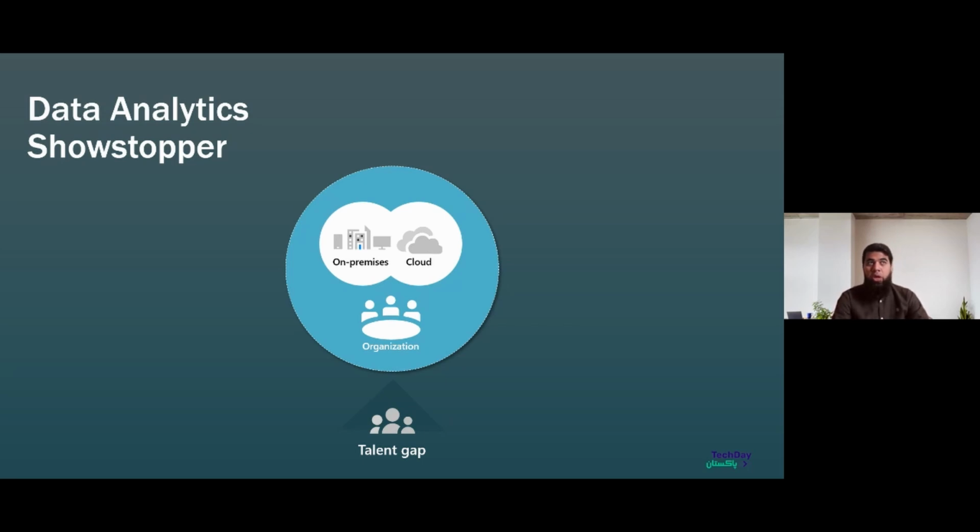One more thing which I also want to add against this talent gap is a lack of adopting new technology here in the local industry, because we know, being a third world country, we are always very far behind in adopting new technology. Like I remember when we were discussing Power BI, tools like Power Platform, Power Automate, Power Apps, around 6 months back, people were like, probably we don't need these tools right now.